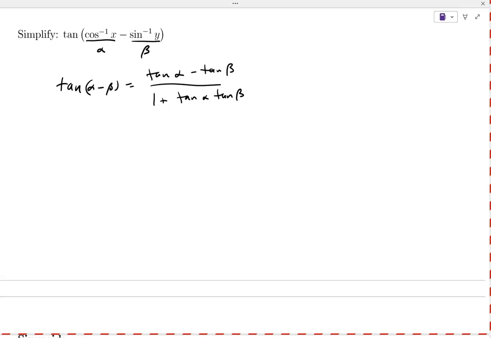Okay. So the way we got this, at least in this particular case, is we said we were going to let alpha be that first piece and beta be the second piece. So let's see if we can, again, use our knowledge of some right triangle stuff to help us rewrite these compositions as algebraic expressions.